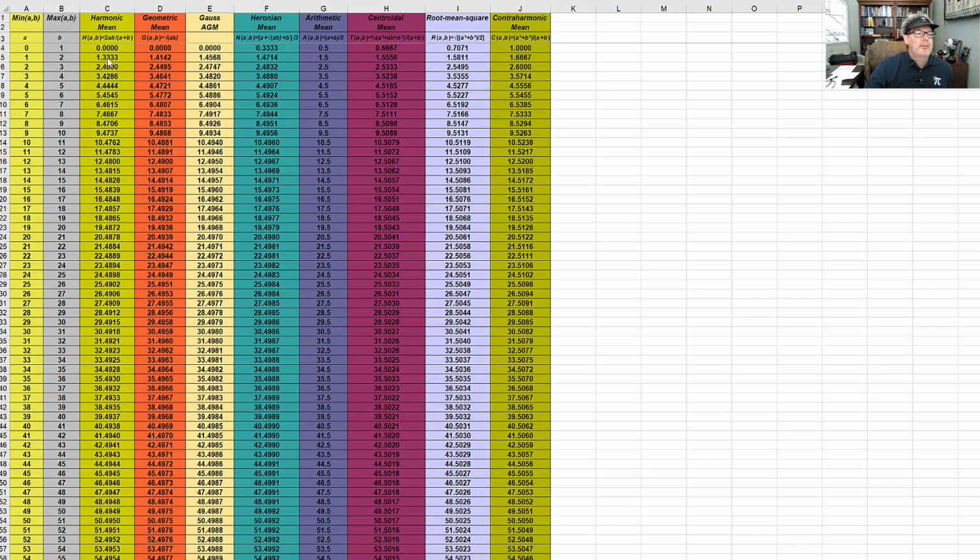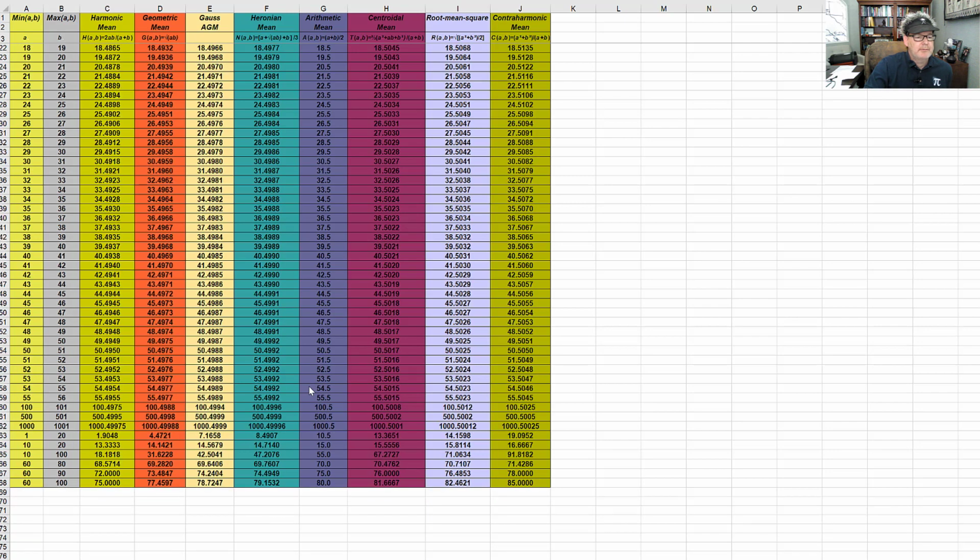Otherwise, you got this harmonic mean, geometric mean, Gauss arithmetic-geometric mean, Heronian mean, arithmetic mean, centroidal mean, root mean square, contraharmonic mean. And these numbers get bigger as you go to the right, except I put the max just right there. So if you want the mean of two numbers, there's many ways to do that. It's got those properties.